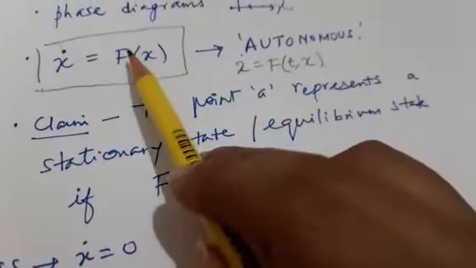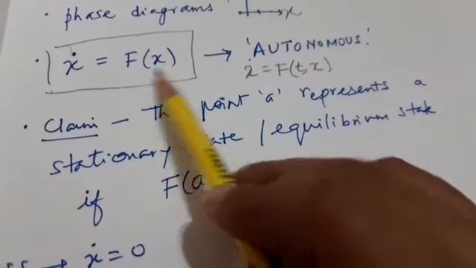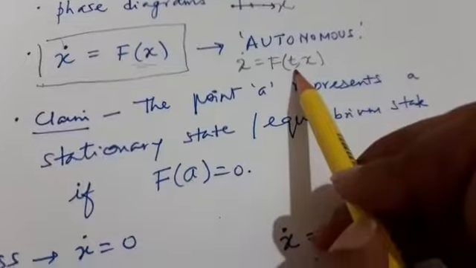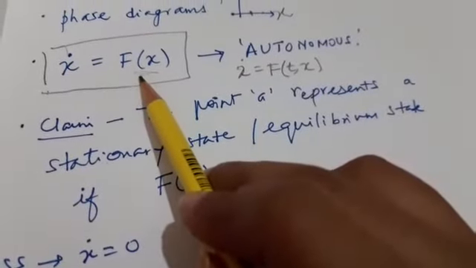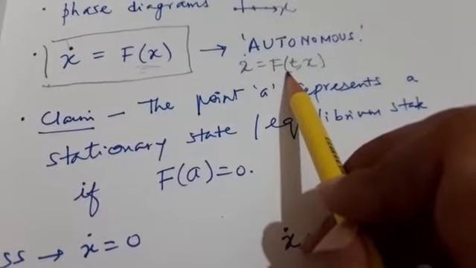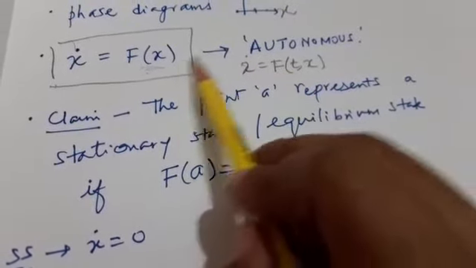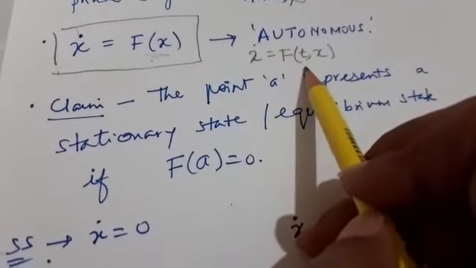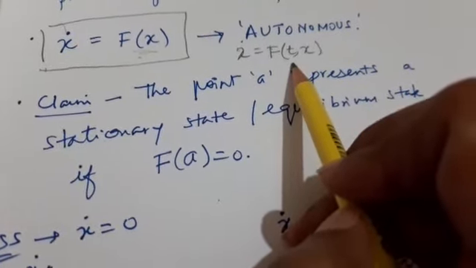Now, the only difference that we have here in this equation is that this right hand side is independent of t. So this equation is basically a special case of our first order linear differential equation, and it is also known as an autonomous equation because it is independent of t.